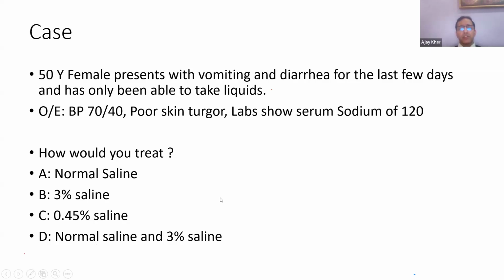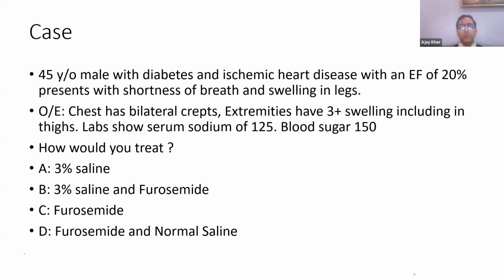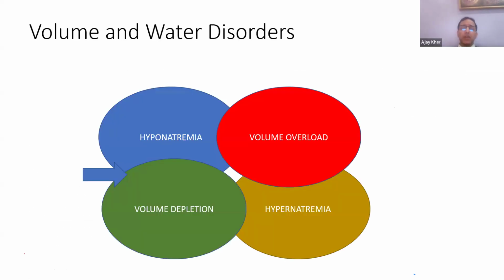So again, looking at her disorders, she has volume depletion and hyponatremia. Volume depletion means too little salt, so we do need to give and correct the volume. Hyponatremia means too much water. And in this situation, because we know or are highly likely that this hyponatremia is due to volume, as you correct the volume, the ADH will shut down.